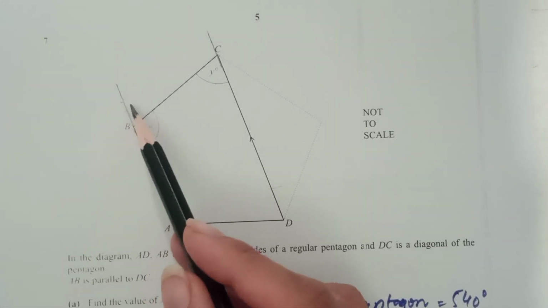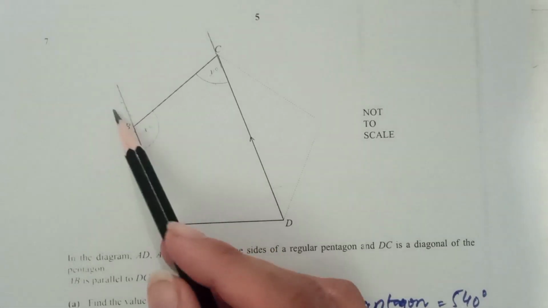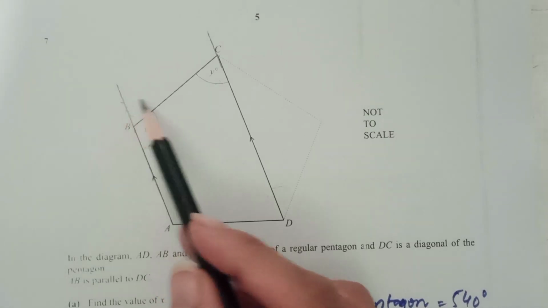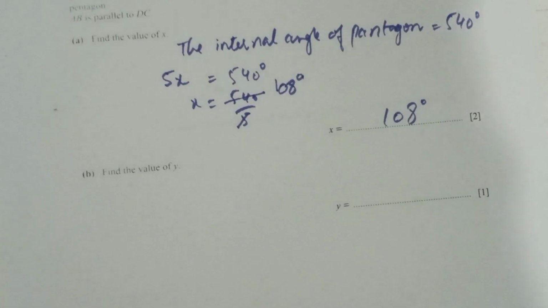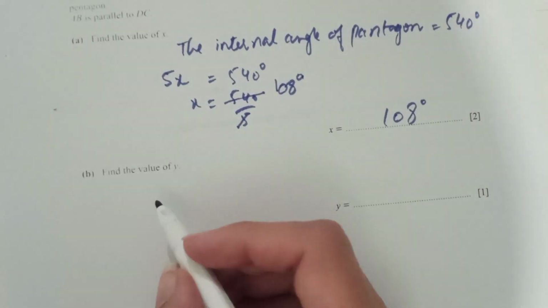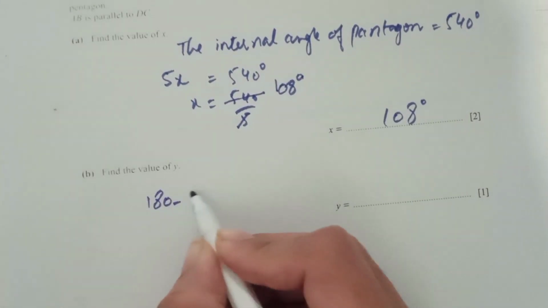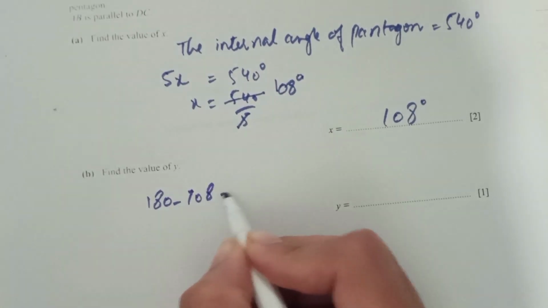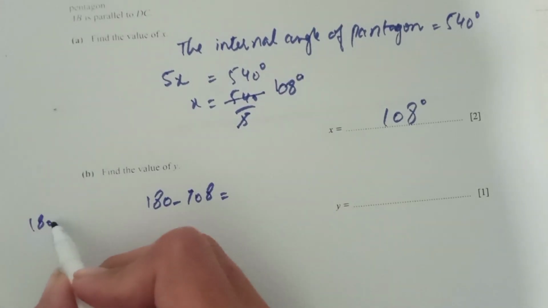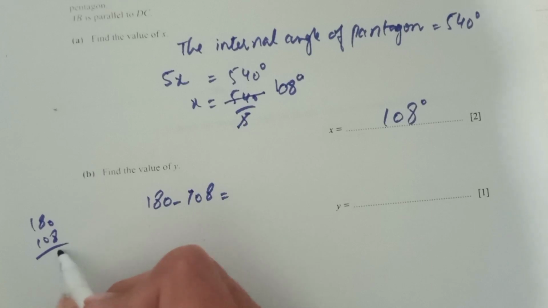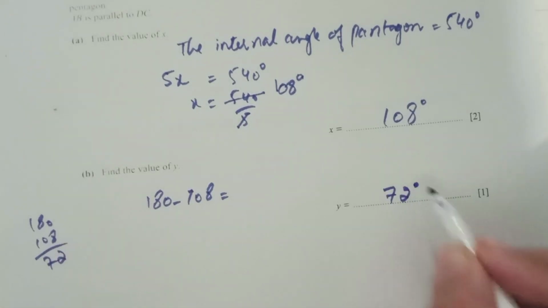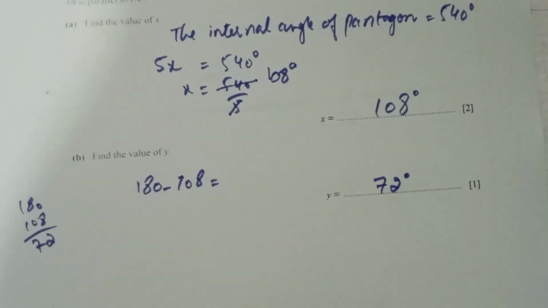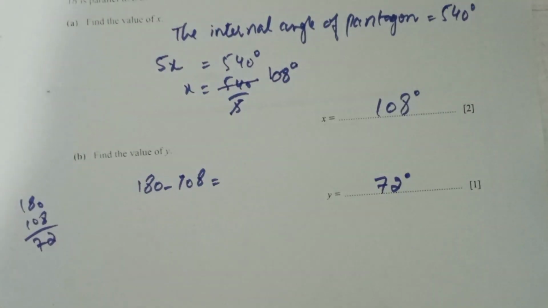We have to subtract angle x from 180. 180 minus 108, and we get 72 degrees. Now students, very simple, this question is solved.